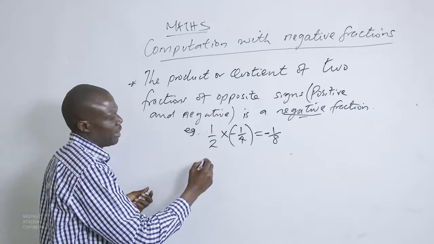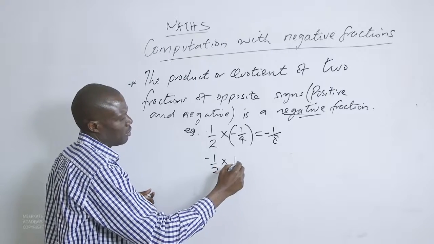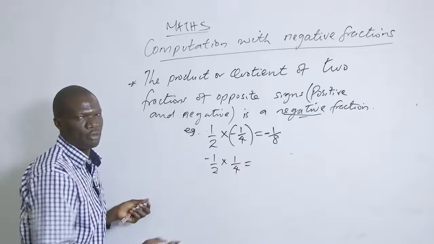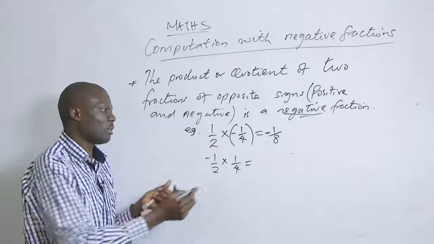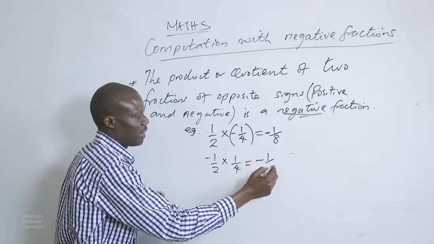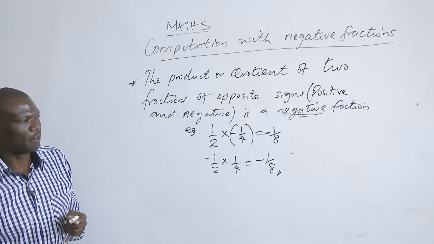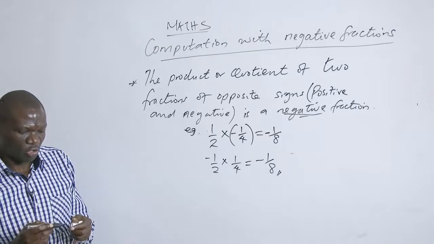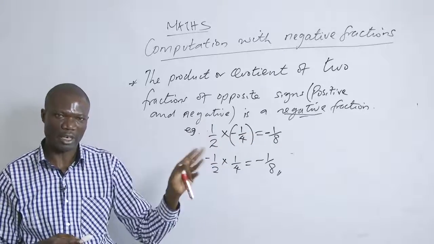Like if we had negative 1 over 2 multiplied by positive 1 over 4. So this is positive and negative, and this is negative and positive. The result will still remain negative. So for the product of two fractions with opposite signs, the answer is always negative.